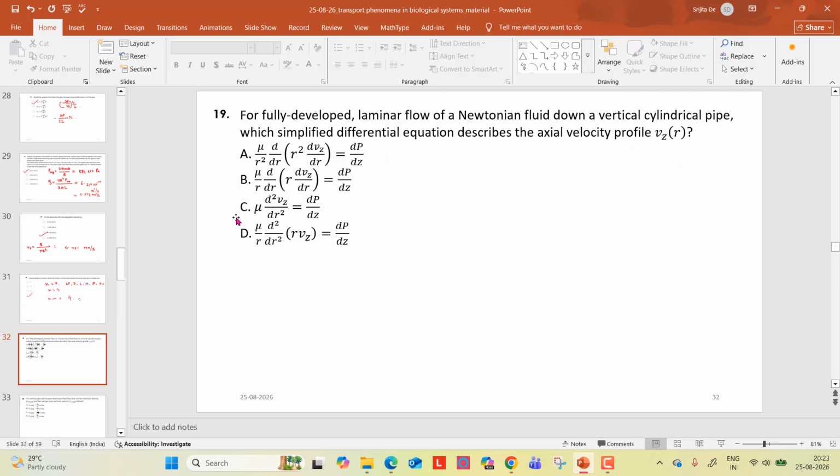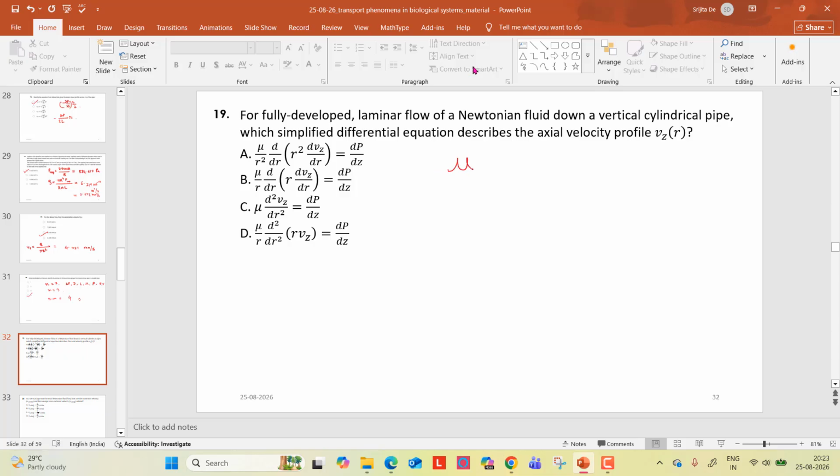Next, for fully developed laminar flow of a Newtonian fluid down a vertical cylindrical pipe, which simplified differential equation describes the velocity profile Vz of r? So the cylindrical pipe is coming down vertically, right?